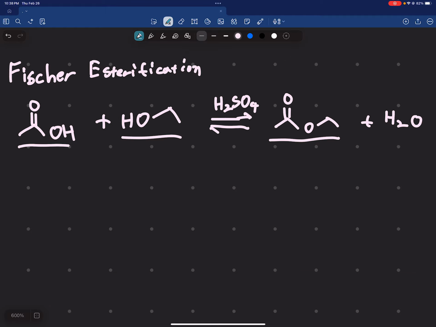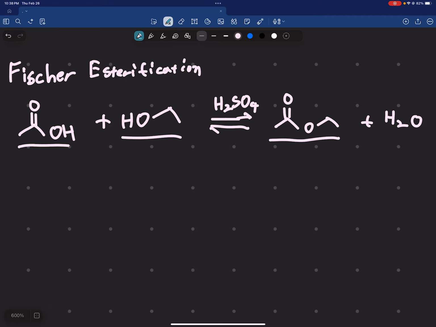As you can see, this acid-catalyzed esterification is reversible. So the quantities of both the carboxylic acid and the alcohol remaining at equilibrium during this reaction are appreciable. They're not that low.